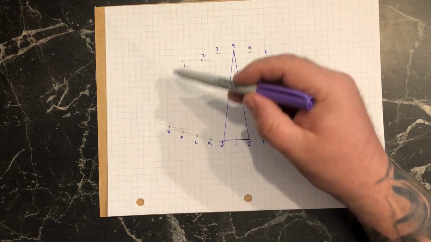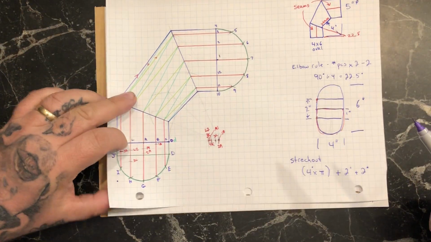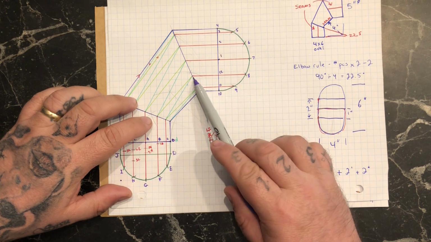Now we're going to be going back up again. So now B goes to 12.